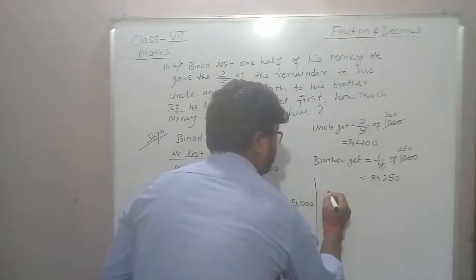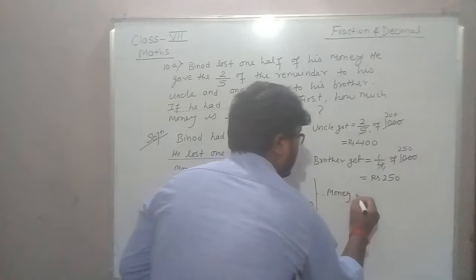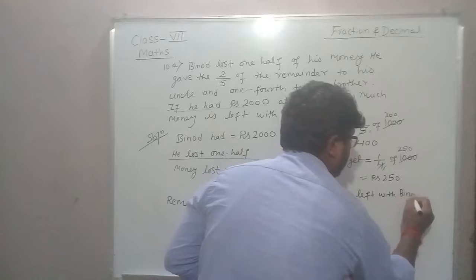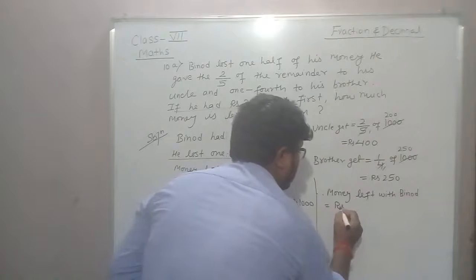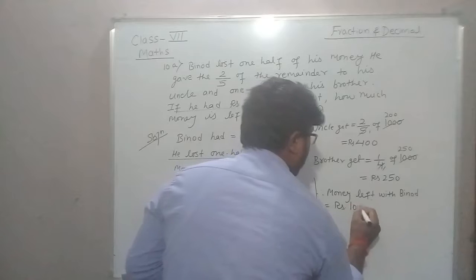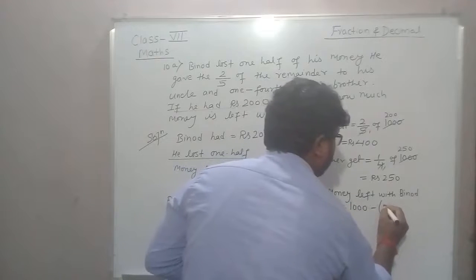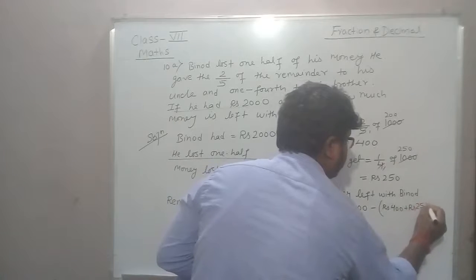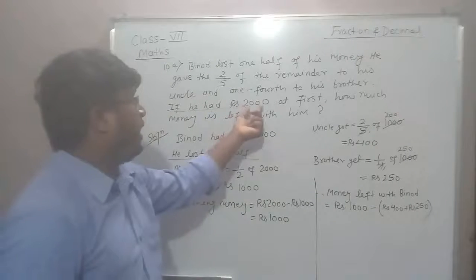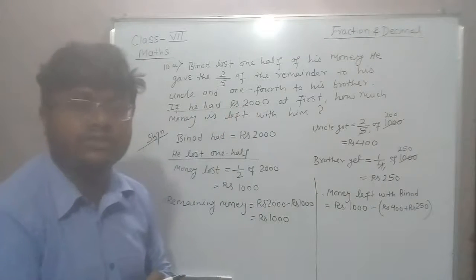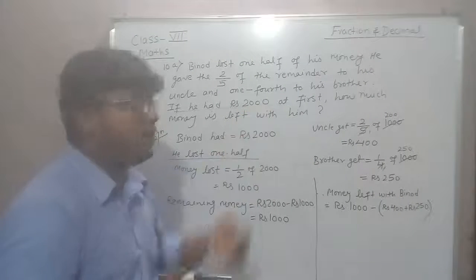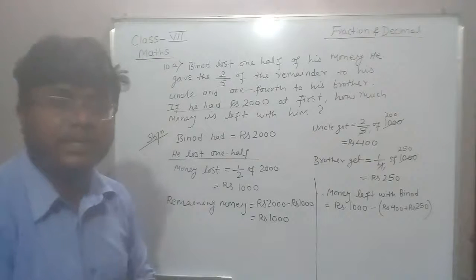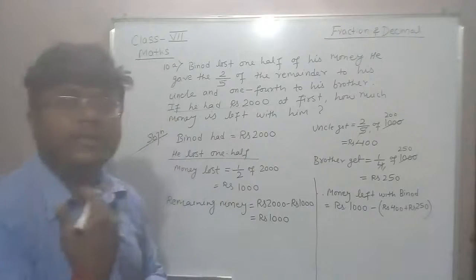Therefore, money left with Binod is equal to rupees 1000 minus rupees 400 plus rupees 250. Because at first Binod had rupees 2000. From 2000 he lost half, that is 1000 rupees lost.